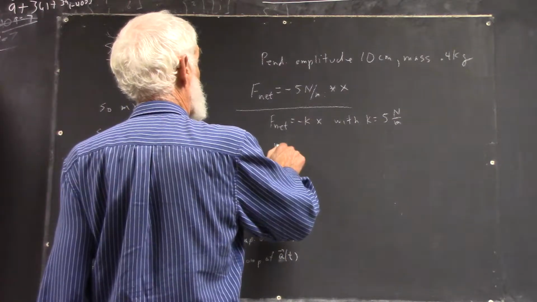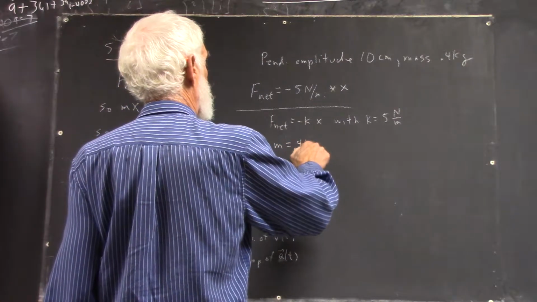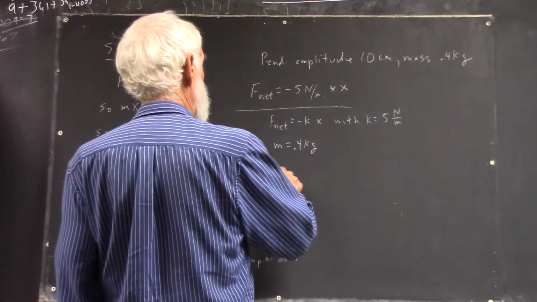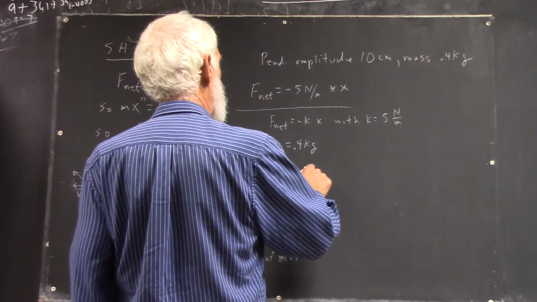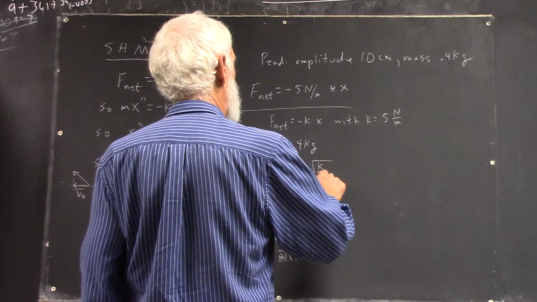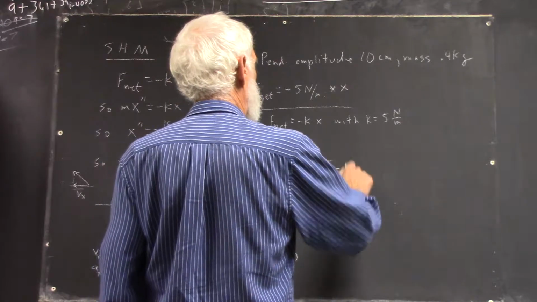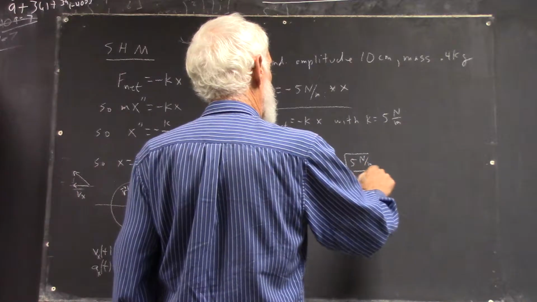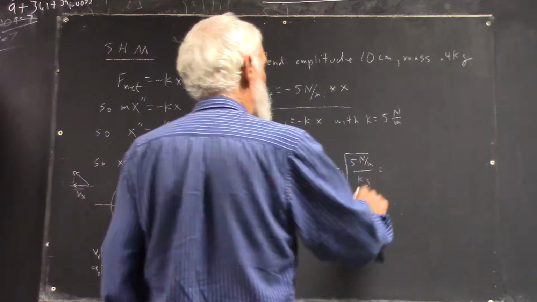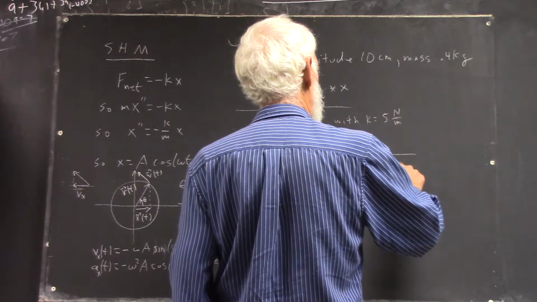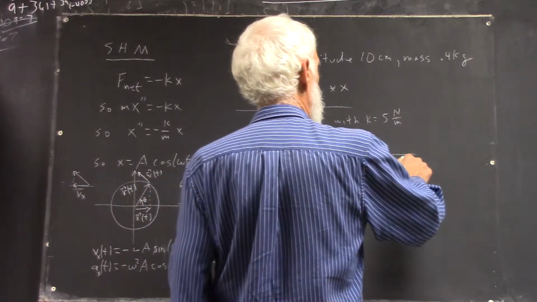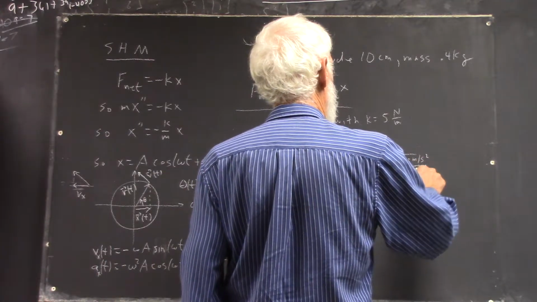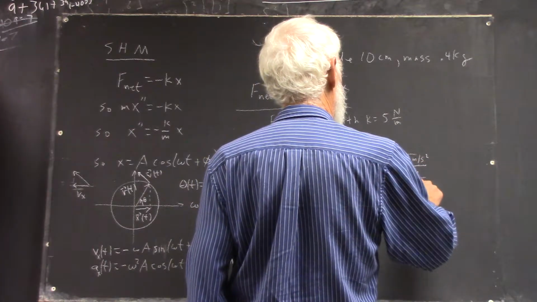The mass is 0.4 kilograms. Well, that's 5 newtons per meter divided by kilograms. And newtons is kilogram meters per second squared, divided by meters, all divided by kilograms.